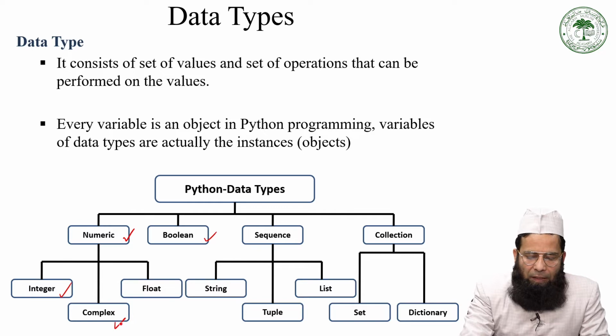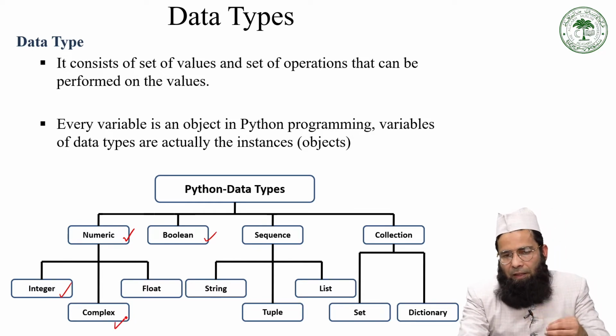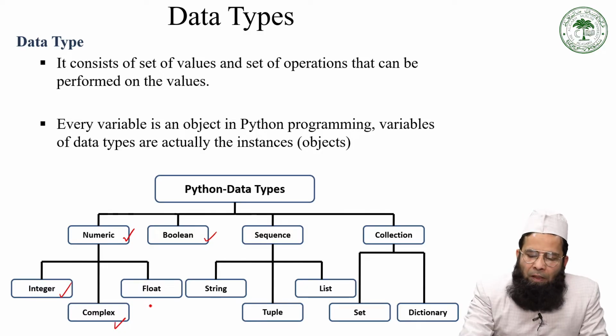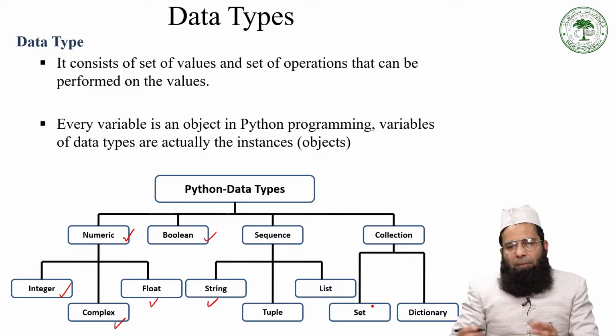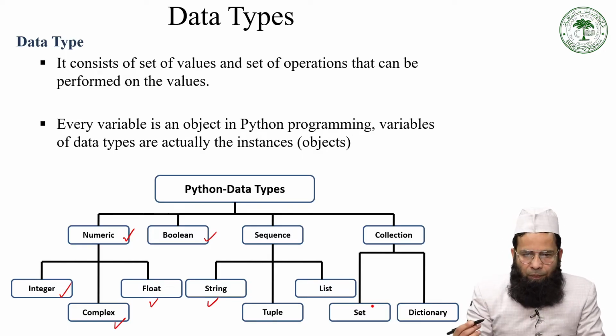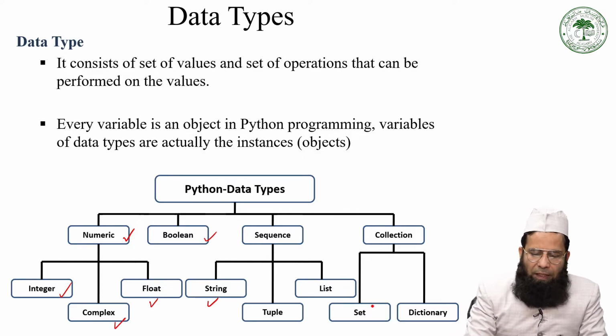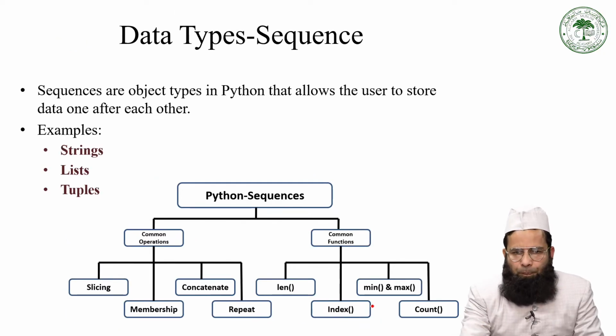It actually contains a real and an imaginary value in a single variable. Similarly, we have seen float, and in today's class we'll discuss string. Apart from string, we have tuple and list as sequences, and others like set and dictionary, which we can club into collections. So these are the different data types in Python.